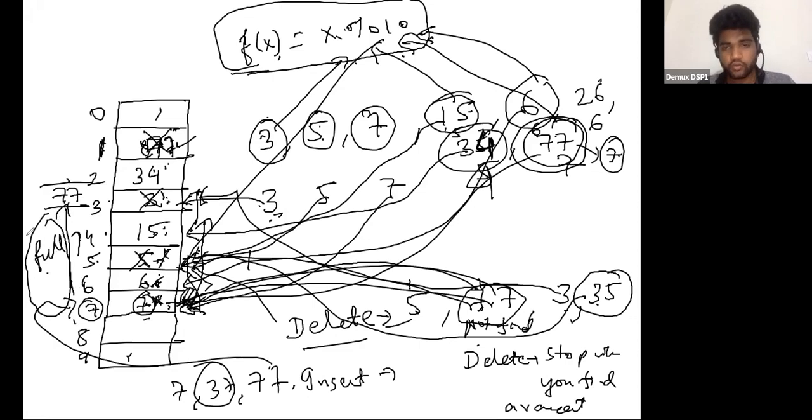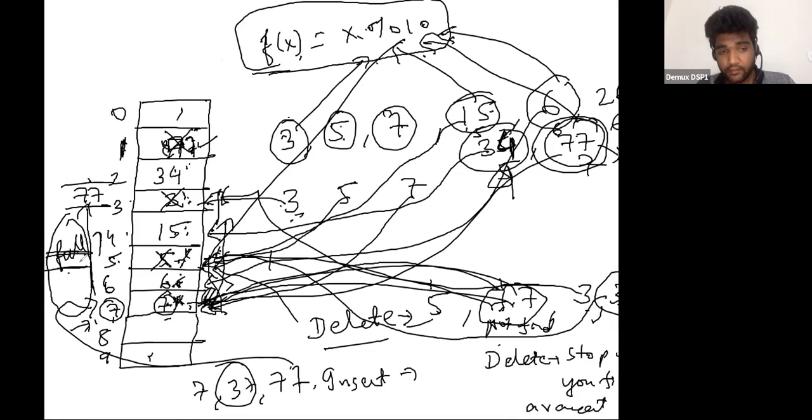Correct? So what is the issue now with searching after deleting 77? You will always start from here, right? The issue is only when you come to an index wherein the element which you have deleted. Then the problem is, do you stop the search or not? So don't you think that if I keep separate markers for removed elements compared to vacant cells, then we can do this?